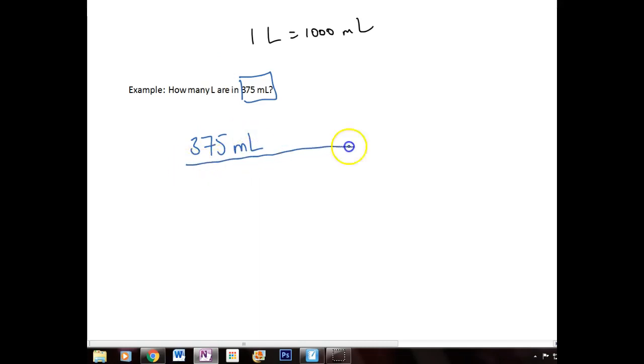I'm going to put a line under it and a line going down. Now I'm going to identify my unknown. My unknown in this case is liters, so I'm going to put liters here. I'm going to look up to my equality and see which side of the equal sign has liters on it, and hopefully you can recognize that liters is right there. I'm going to take that and put it down here, and I have 1 liter.